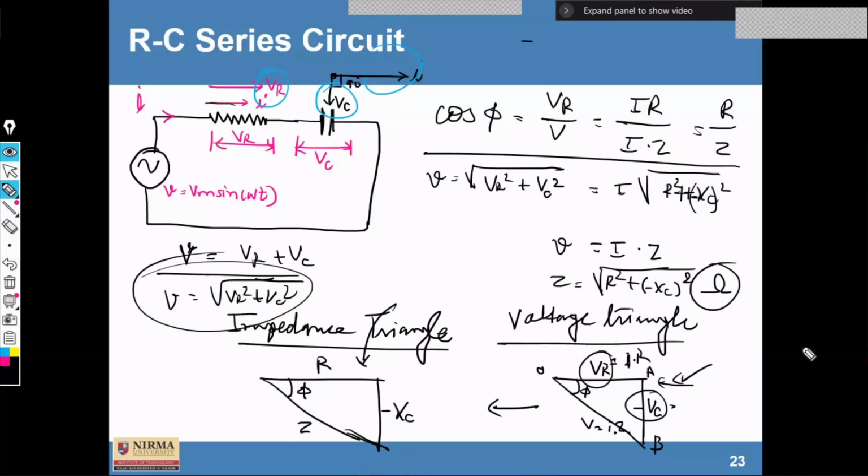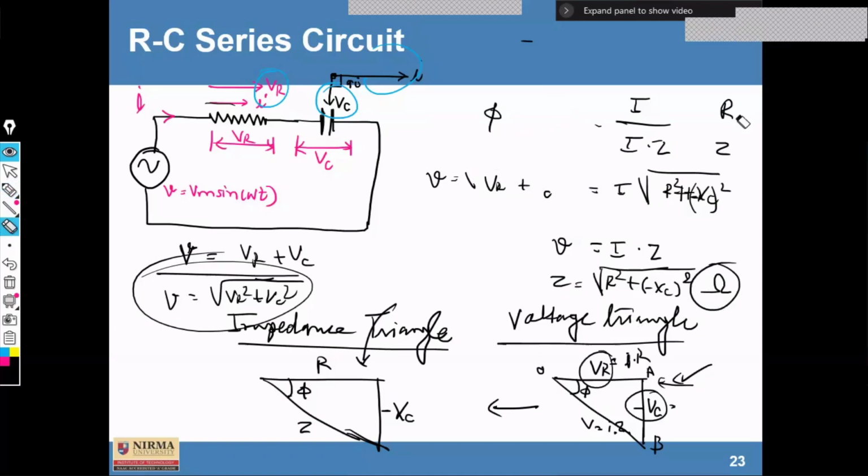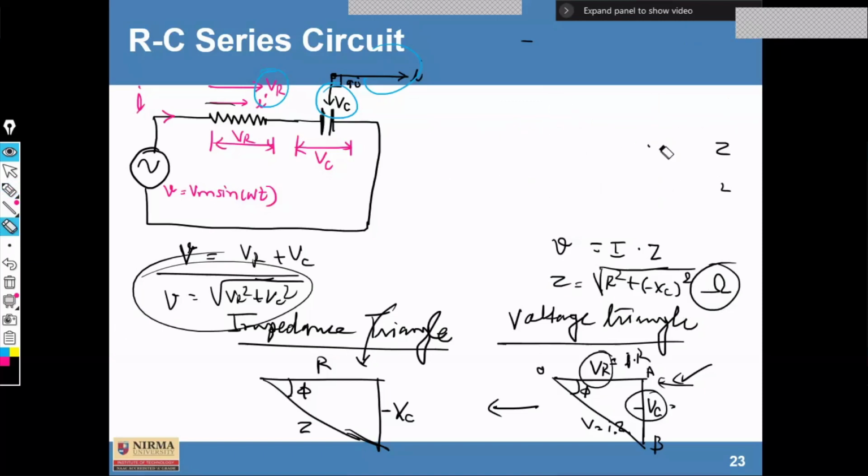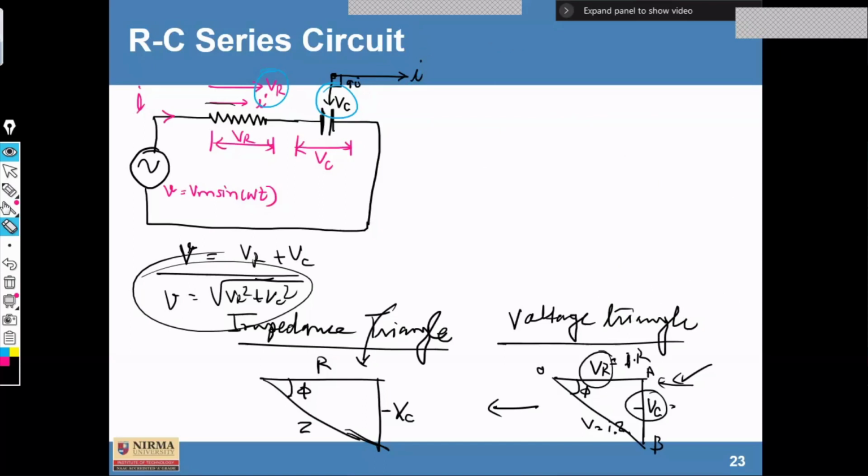Now, if we want to represent these two different vectors, or we can say two different equations, in graphical waveforms, yes, that we can. So if you want to represent graphically, we can represent in the form of waveforms also.